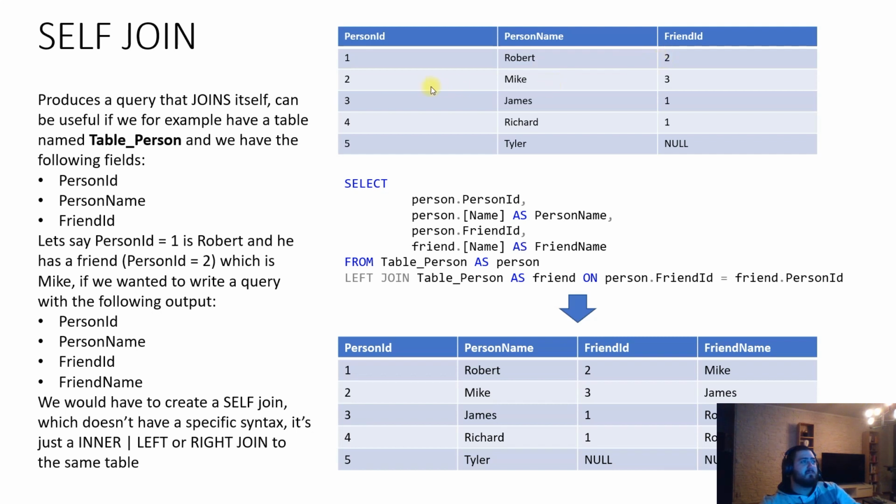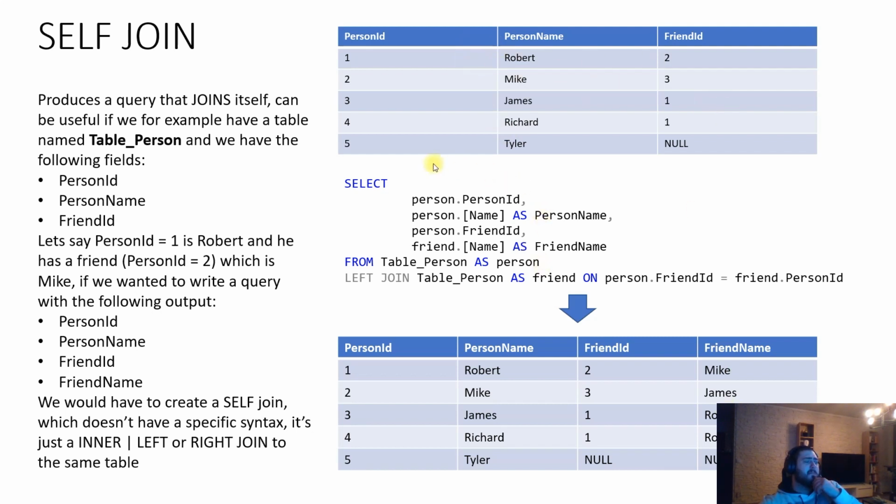In this case it's Mike, because Mike has person ID 2 and the name Mike, and here I say that Robert's friend is person number 2, which is Mike. So instead of splitting these up into multiple tables, we have all of these values that can represent multiple things, in this case a person, customer, employee, friend, or whatever. We have all of that information stored in the same table.